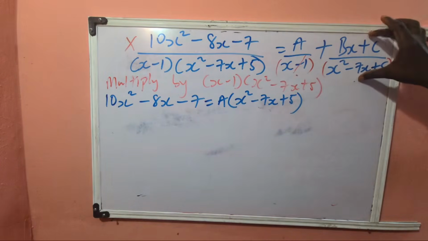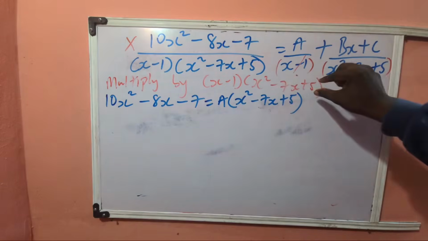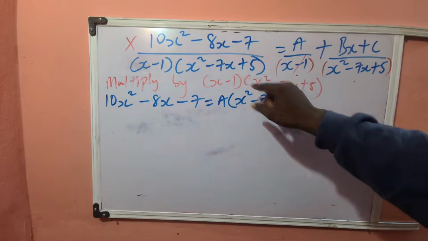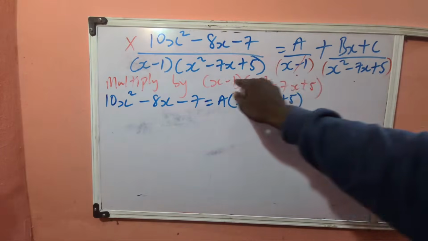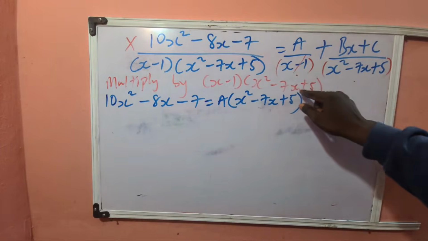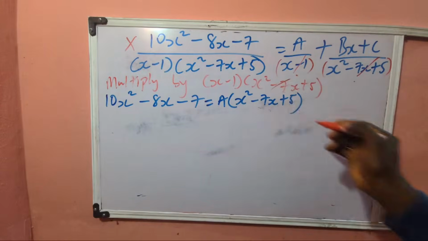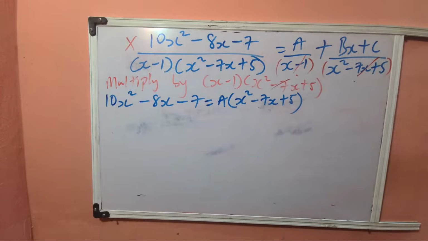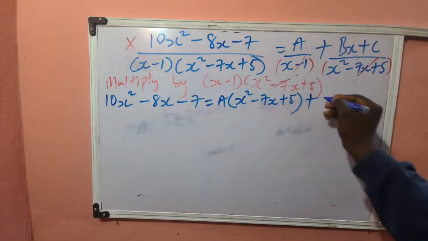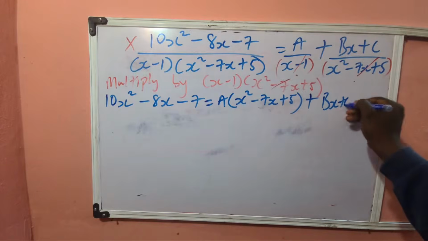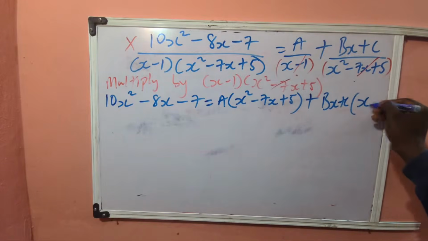If I multiply this whole thing, sorry, not an equation, with this function, x minus 1 and x squared minus 7x plus 5, of course, this particular one will cancel this one. Then you'll be left with x minus 1. So obviously, we'll be having plus bx plus c into bracket x minus 1.